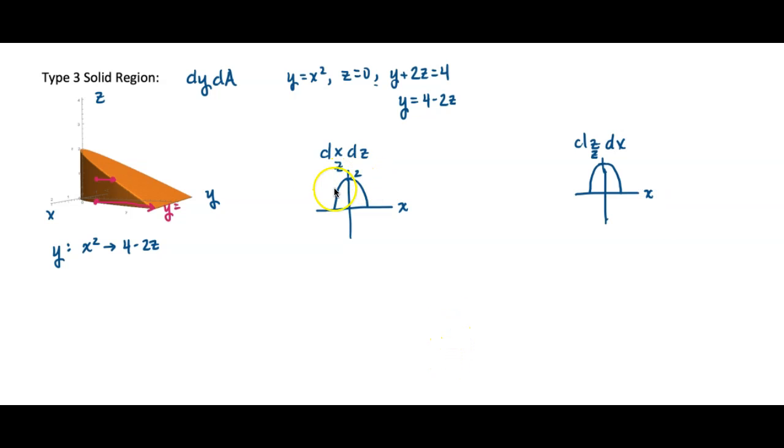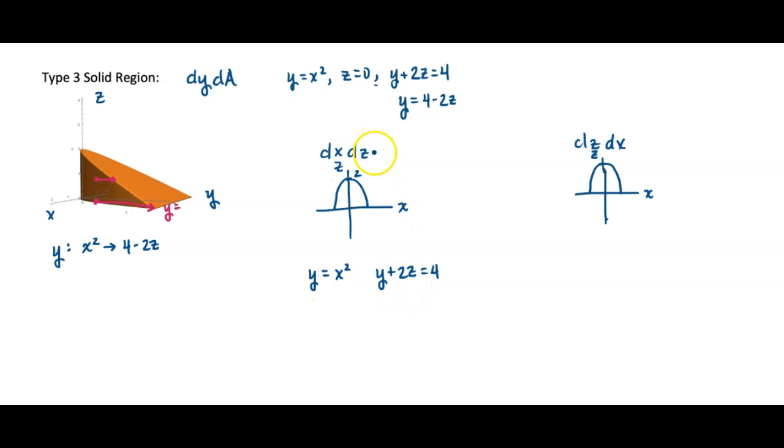Now we want to know how to describe this curve. We've got y equals x squared, right? And we've got y plus 2z equals 4. How can we describe this curve? Well, we know along this curve, both of these equations are equal to each other.